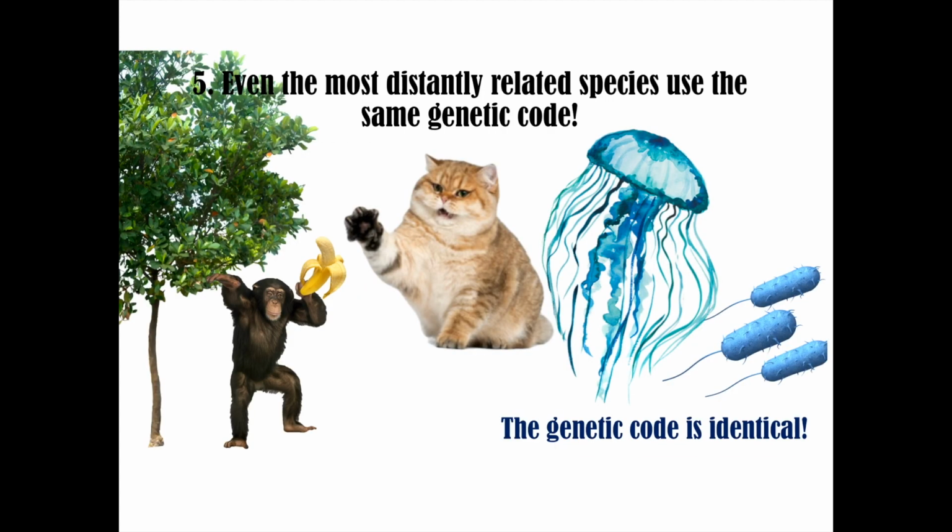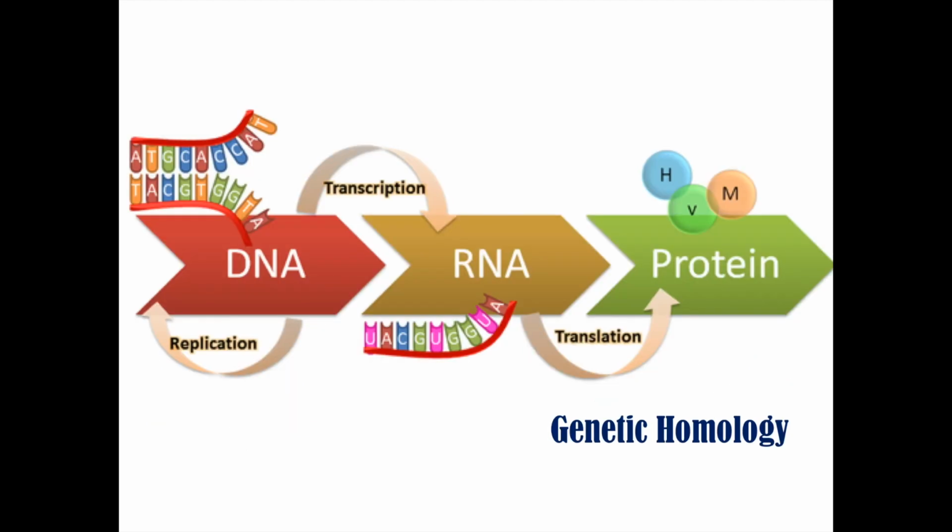And perhaps the strongest piece of evidence to support the theory that all of life evolved from a common ancestor here on Earth is the fact that every living creature here, all the way from mammals to jellyfish, bacteria, and plants, all of them use DNA to store and pass on their genetic information. And the DNA in every living organism is made up of the same 4 nucleotides.